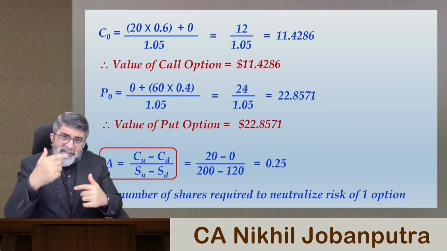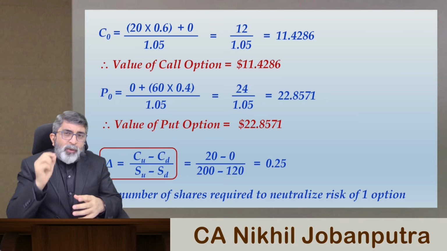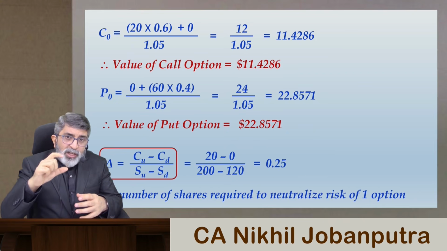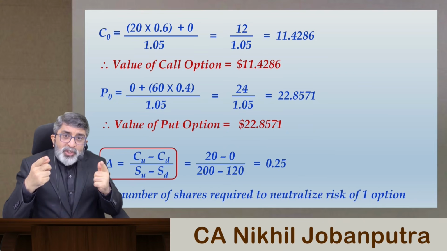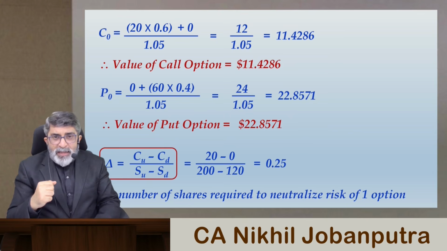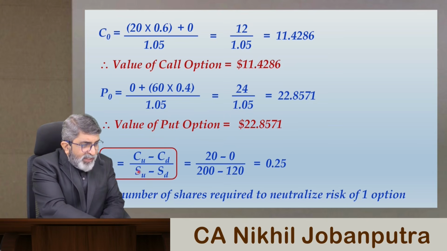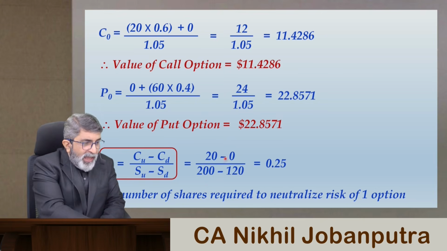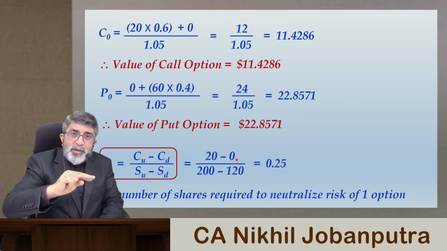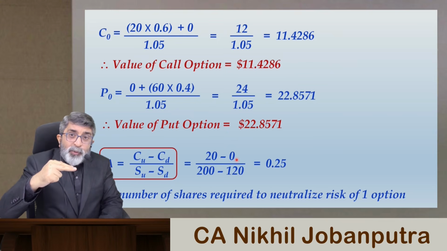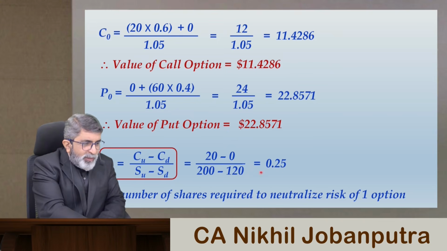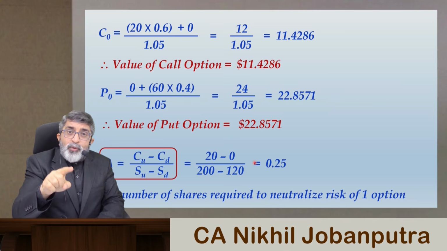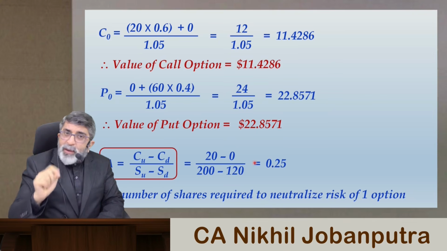Within the steps applied in the portfolio replication model, one of the steps was to take a ratio of the spread in share price divided by the spread in option value. Spread in share price, that is SU minus SD, became the numerator. 200 minus 120, that will be 80, and 20 minus 0, the spread in the call value, becomes the denominator. So it will be 80 divided by 20 in that case, which is 4.